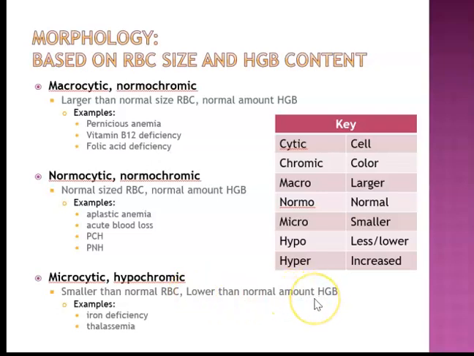So they're going to be lighter in color. Some examples of this type of anemia are iron deficiency anemia and the thalassemias. We're probably not going to talk about thalassemias until part 2 of the lecture on anemias, but they are inherited blood disorders that cause the body to have less hemoglobin than normal.